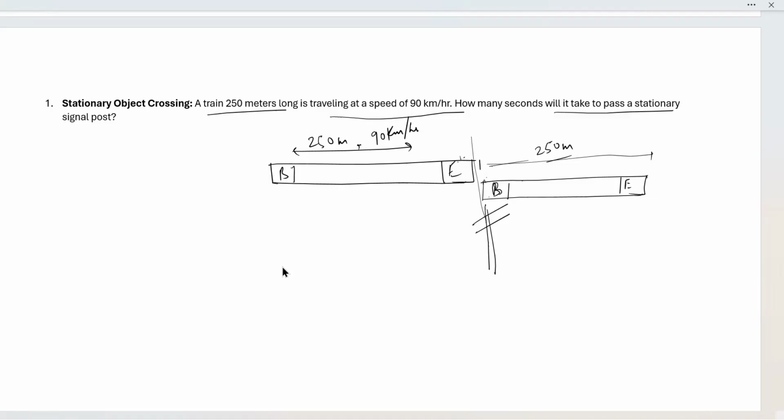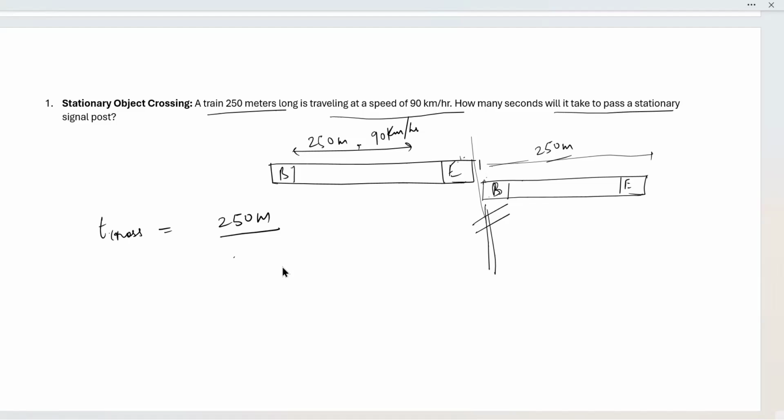So the time taken to cross is equal to 250 meters divided by the speed of the train.